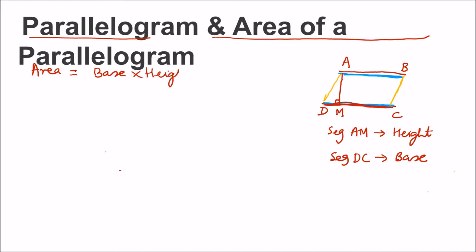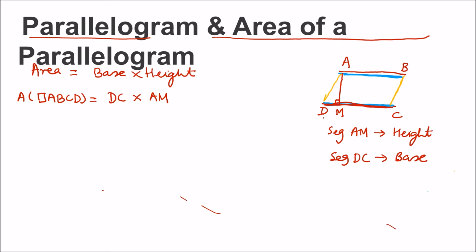It is the formula for area of a parallelogram. Therefore, area of quadrilateral ABCD is equal to base DC into height AM.